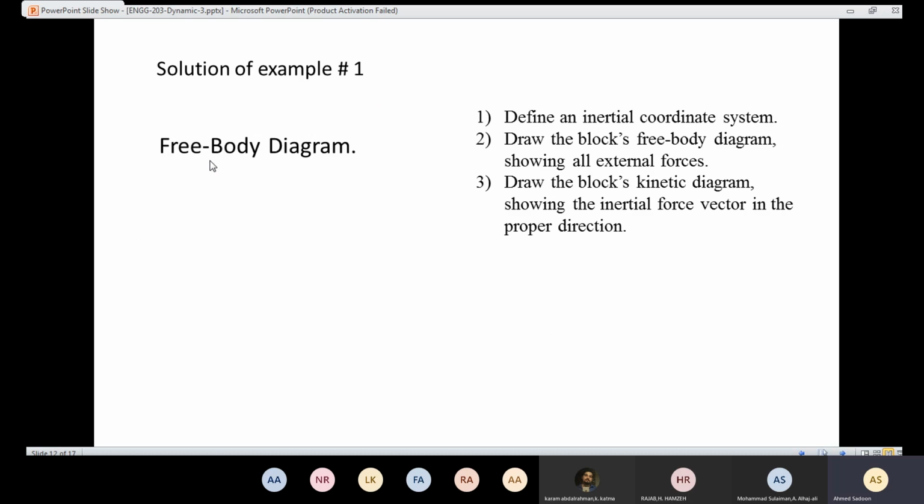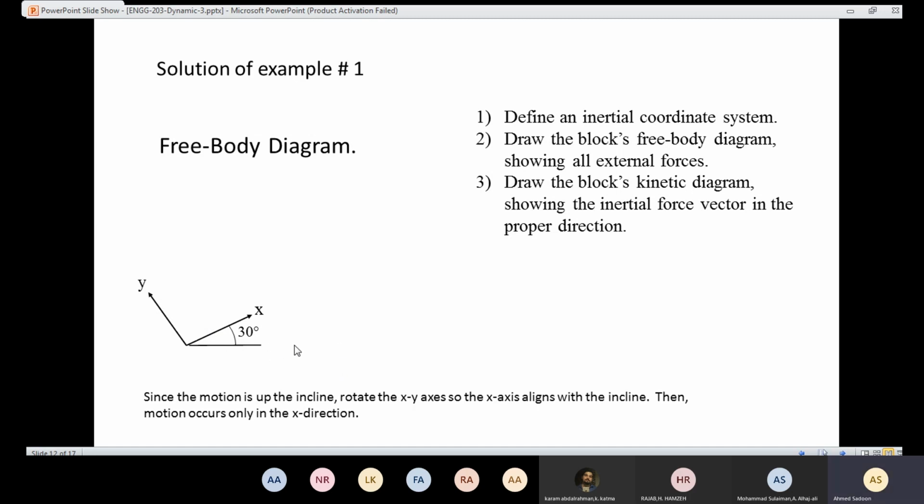It's going to be aligned to the surface, which means it's going to make 90 degrees with the horizontal axis. So since the motion is up the incline, we are going to rotate the xy axes so that the x-axis aligns with the incline. Then the motion is going to occur along the x-axis.